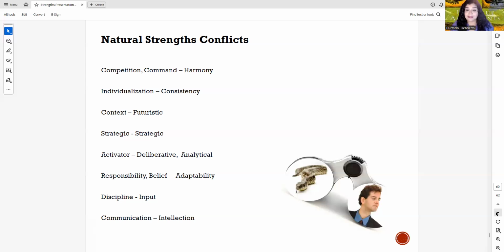Perhaps this is a nice balance. Activators, working with someone that is deliberative or analytical, might be a challenge. You have responsibility and belief, but then you're working with someone who has adaptability. And then discipline versus input, and communication with intellection.